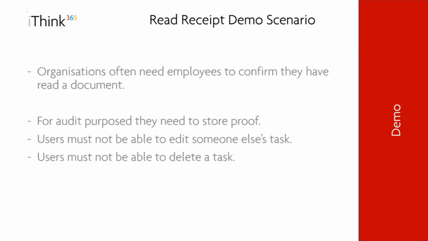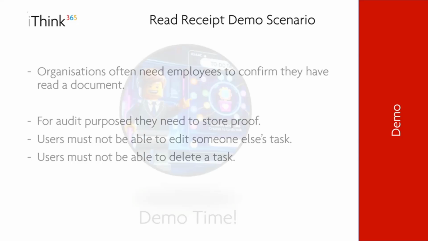Maybe not using ChatGPT and using Copilot instead. In this solution, we need to be able to audit and provide proof that the users have read this document, and we really don't want others to be able to edit someone else's task, or even worse, users be able to delete these tasks to go and read this document.